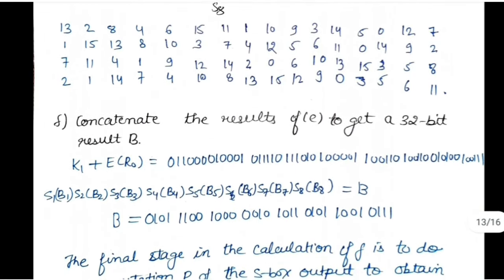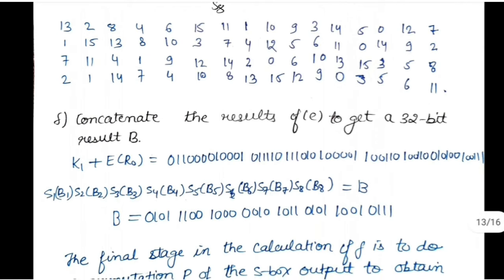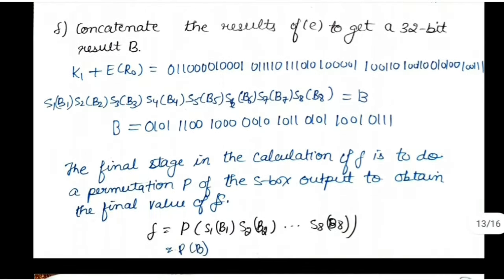So the next question in our problem was to concatenate the results of E to get a 32-bit result B. So we will concatenate the results S1 B1, S2 B2, and so on to S8 B8, and it is named B. So our values after all these blocks are derived: for S1 B1 it is 0101 and S2 B2 it is 1100.